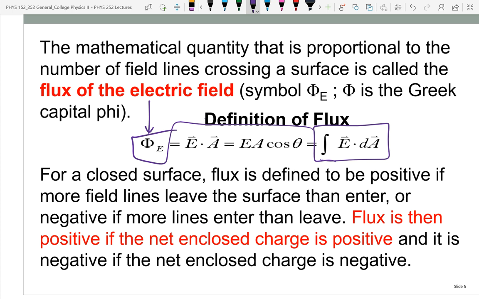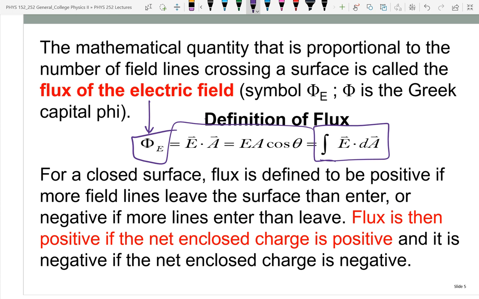So Gauss's law becomes hard to do in most cases where it's not this. There are cases where you can do it. We might have a homework problem that has you calculate the flux where you actually have to do an integral. But in most cases, we're going to choose a symmetry so that the angle between the electric field and the area is either 90 degrees or 0 degrees.